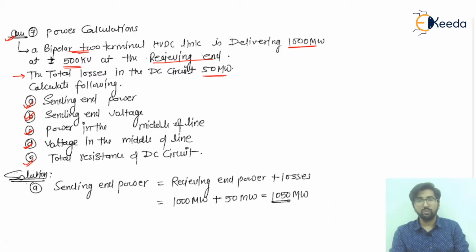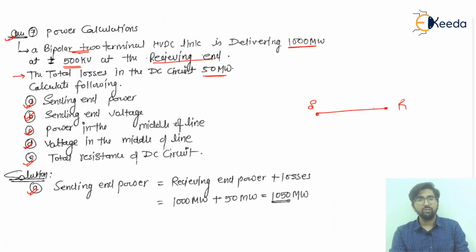So please look at this. We will talk about the sending end power. If you have this generating side, this is the sending end, this is the HVDC two terminal bipolar link, and this is the receiving side.